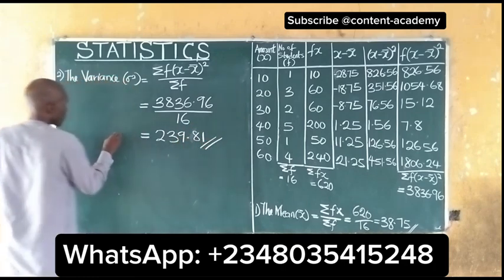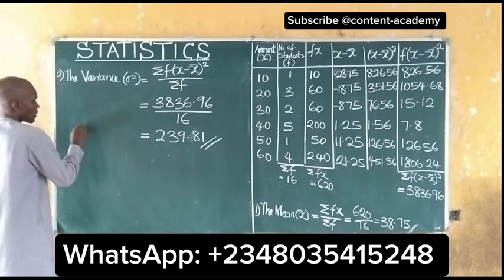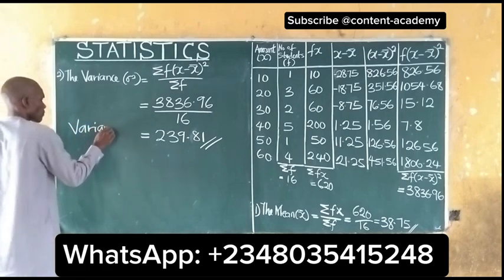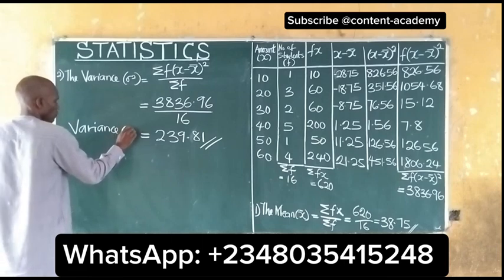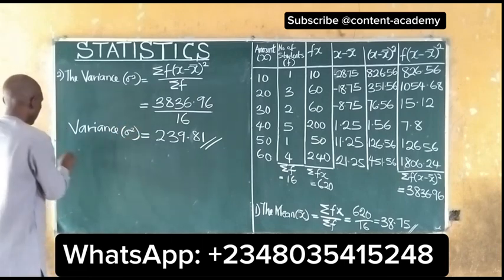So this becomes our variance. Our variance is this.